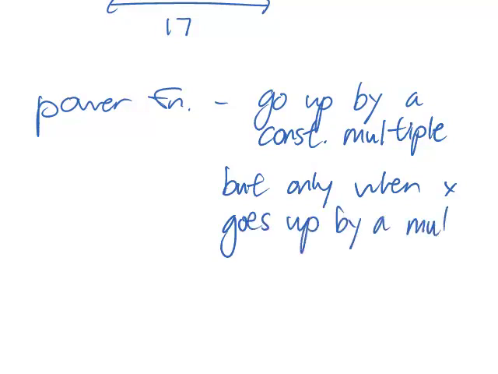In some sense, it's actually harder to think of how a power function goes up or down as a rate of change, because when we say rate of change, we look at evenly spaced x's. x equals 2, x equals 4, x equals 6, x equals 8, etc. But in a power function, we're looking at something like x equals 2, x equals 4, x equals 8, we skip 6, x equals 16, and so on.